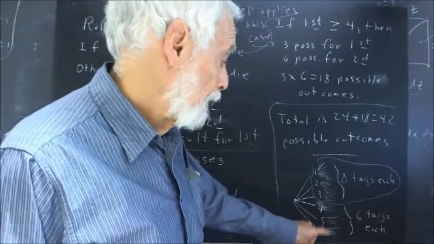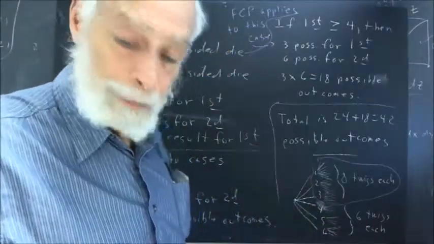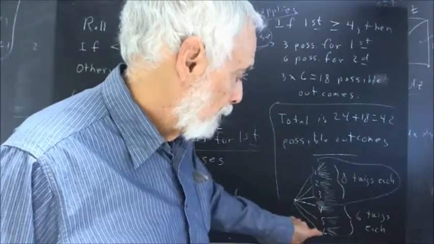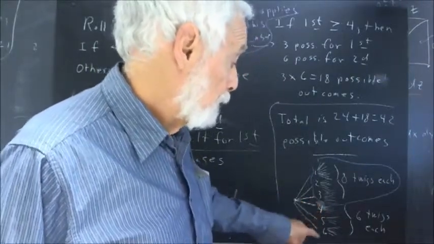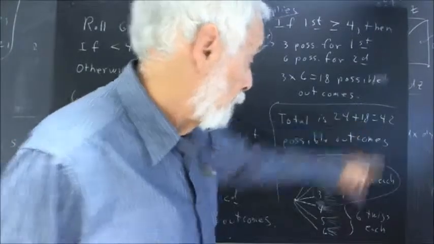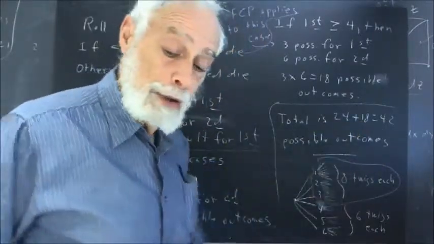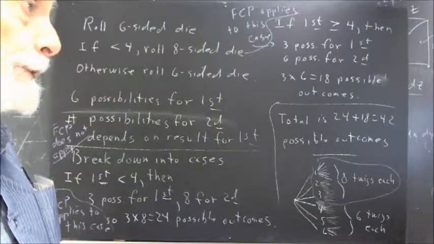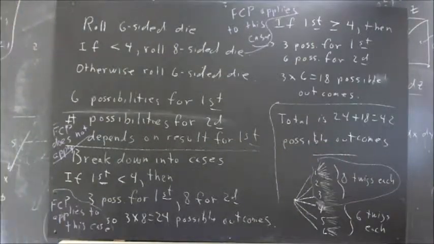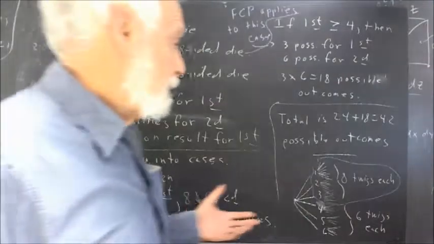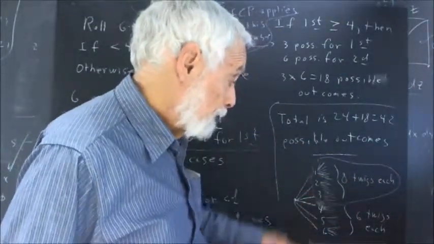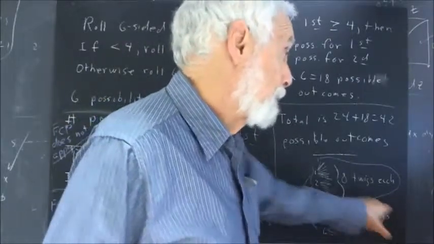And down here there are 6 twigs, 6 little branches off of each one of these, giving us 3 times 6 or 18, 42. So this is kind of what your tree diagram would look like, and it's a handy way to visualize the situation. And we can say that the fundamental counting principle applies to this part of the diagram, and it applies to this part of the diagram.